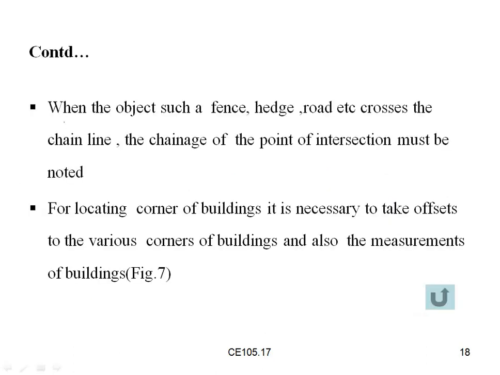When an object such as a fence, hedge, road, etc. crosses the chain line, the chainage of the point of intersection must be noted. So whenever fences or hedges or roads are there, in those places we take it.